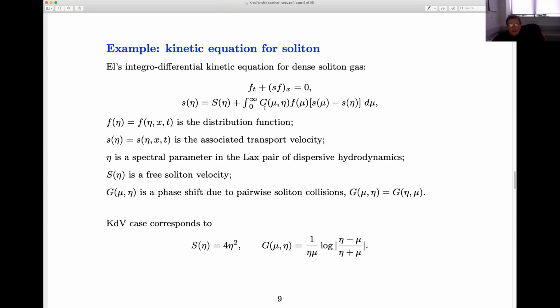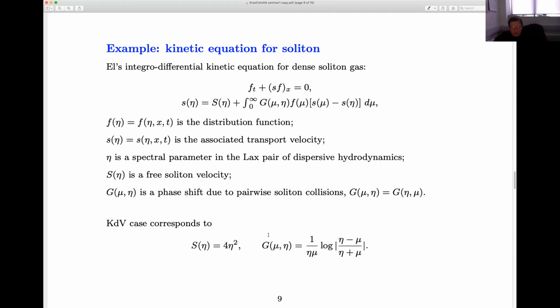Once you have this S of eta and G of mu eta, the two-soliton phase shift, you can write down this system. But equally well, you can write this integral differential equation for an arbitrary integrable equation. You can take Sine-Gordon, you can take the Gardner equation, you can take the nonlinear Schrödinger equation, you can take any integrable PDE.